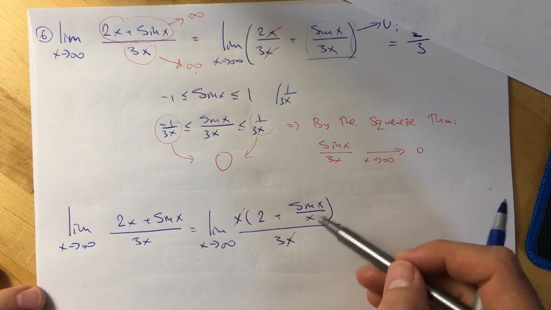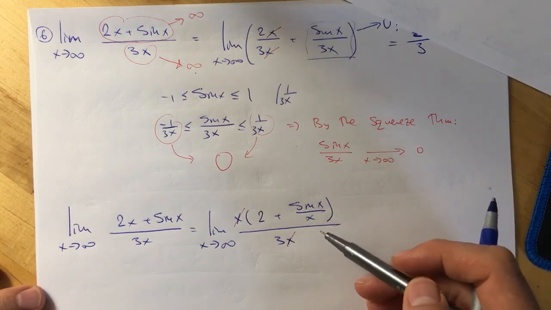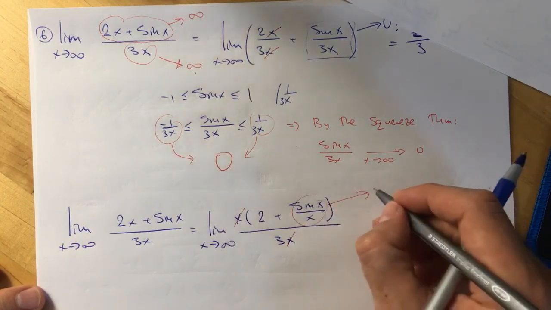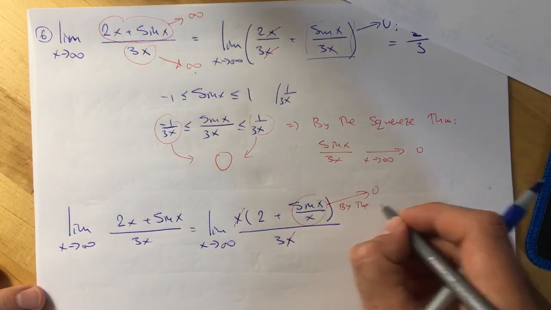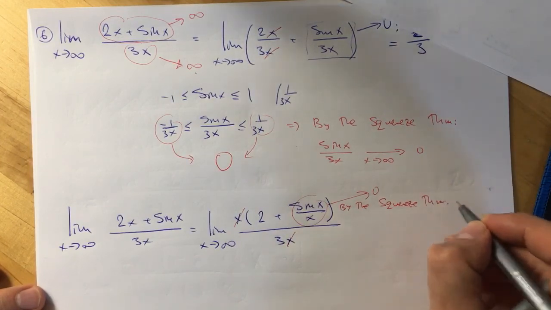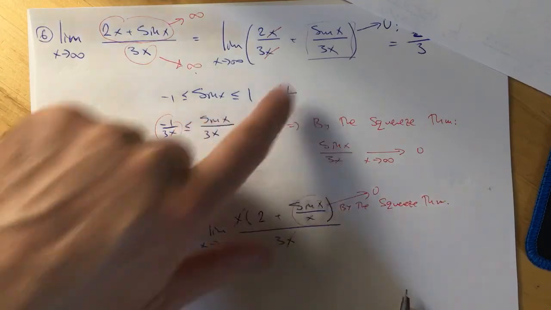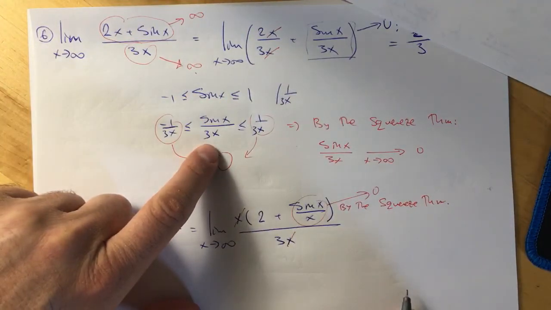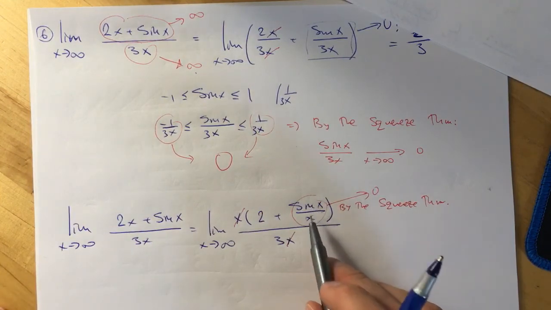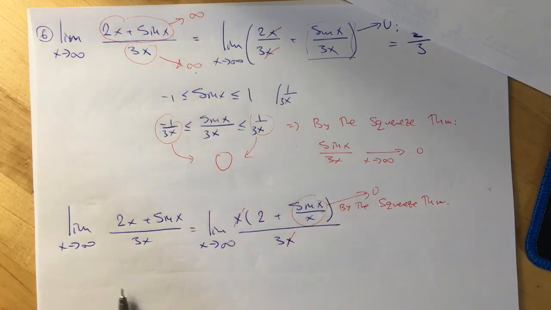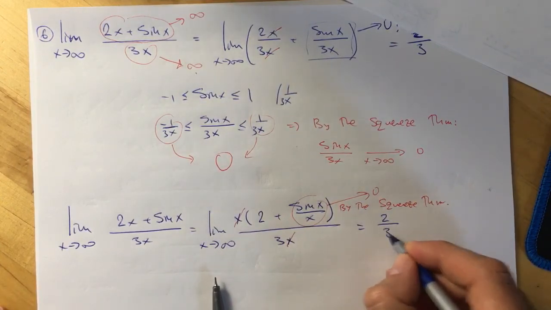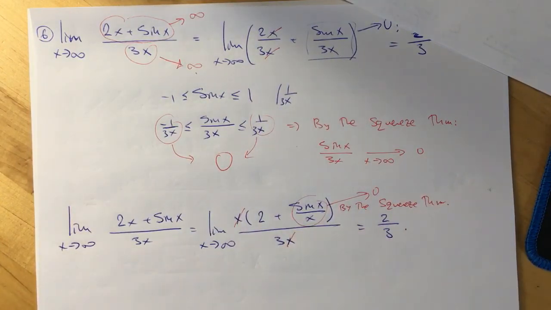Here theta doesn't go to 0, it goes to infinity. So this ratio goes to 0 by the squeeze theorem, right? Here in this expression it was sine of x over 3x. You can repeat the same logic in order to get that sine of x over x will approach 0. And again, 2 plus 0 is 2 over 3 times 1 is 3. So you get the right answer.